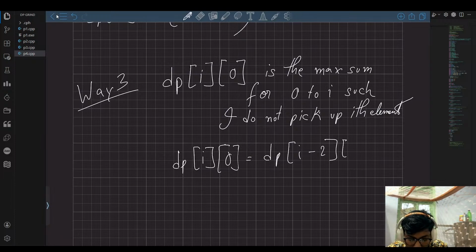But again, 0 to I am considering, and for dp of I minus 2, should that have the parameter 0 or 1? Possible. So maybe max of this being 0 or 1.